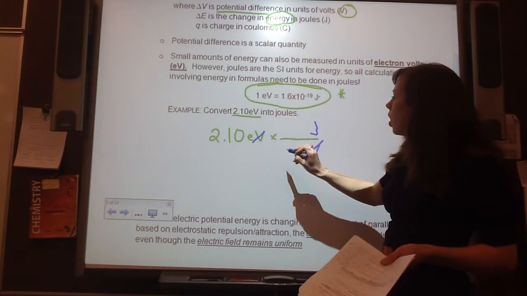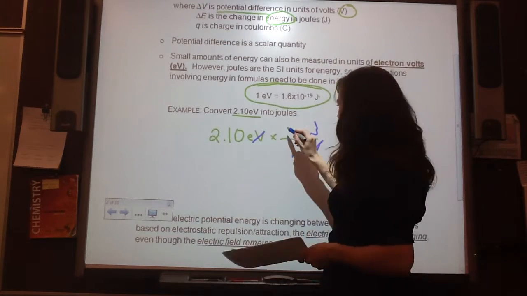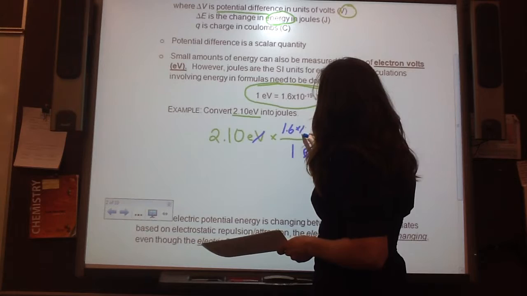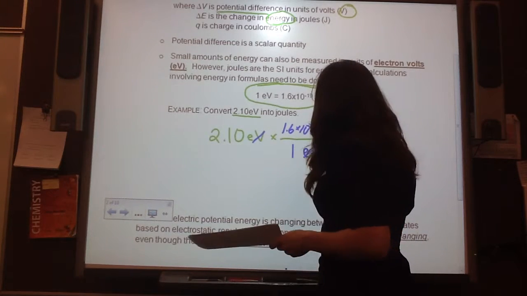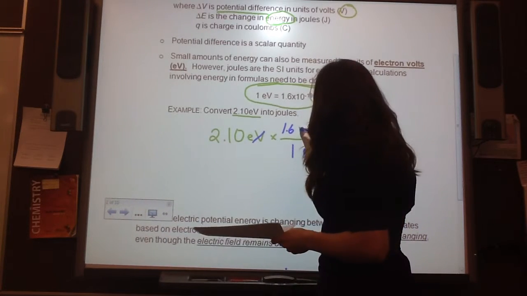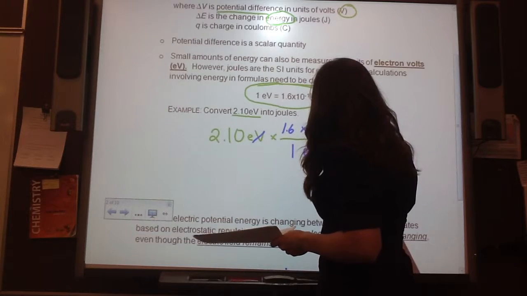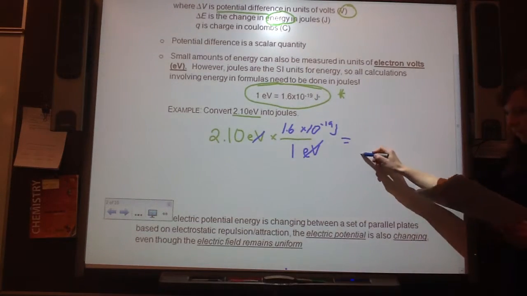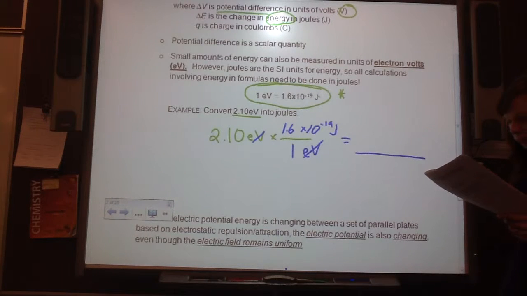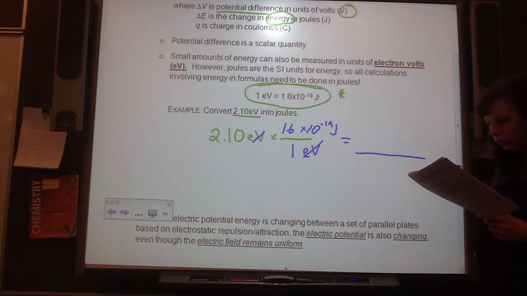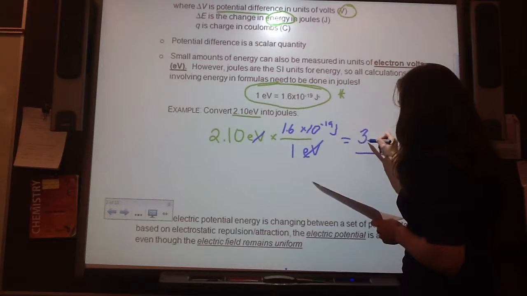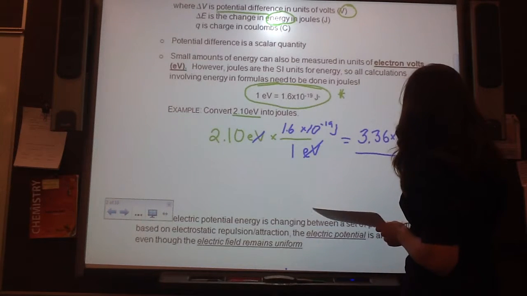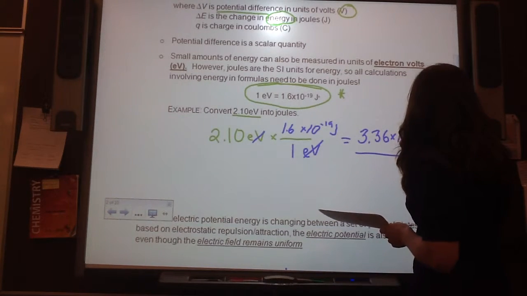Well, we know there's 1 eV per every 1.6 times 10 to the negative 19 joules. So that will give us 3.36 times 10 to the negative 19 joules.